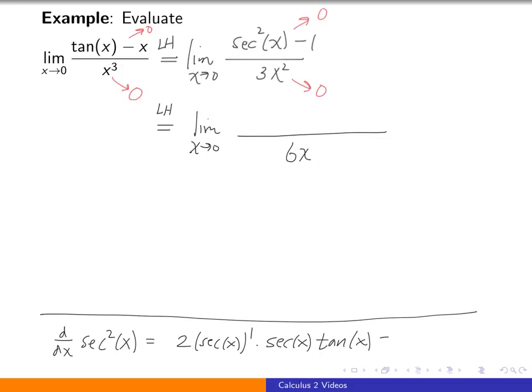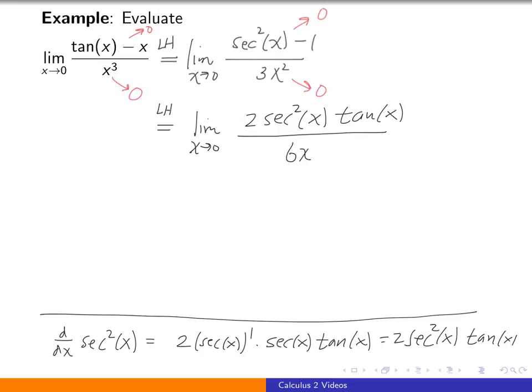And if we combine terms just a bit here, the derivative of secant squared is 2 secant squared tangent. So in the top, we have 2 secant squared tangent and minus the derivative of 1, which would be subtracting away a 0.